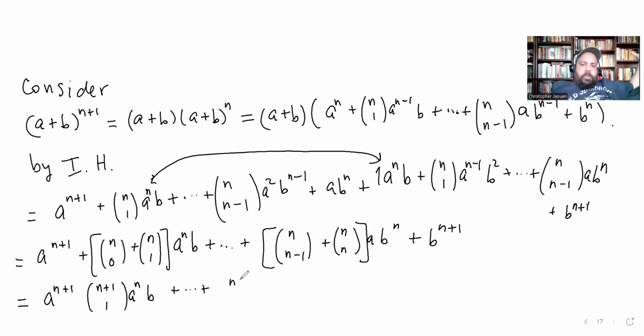This would be n plus 1 choose n a b to the n, plus b to the n plus 1. So we're using that identity from part A, which gives you the same thing as what the binomial theorem would say. So that gives you the binomial theorem. All right, so that follows from mathematical induction.